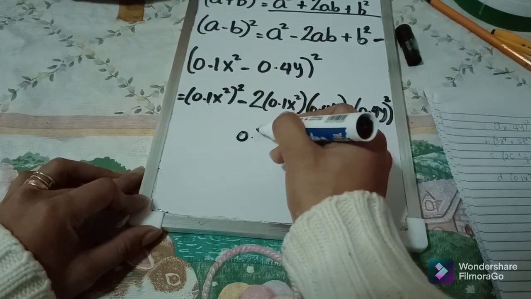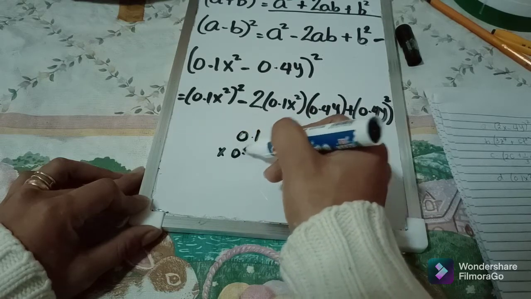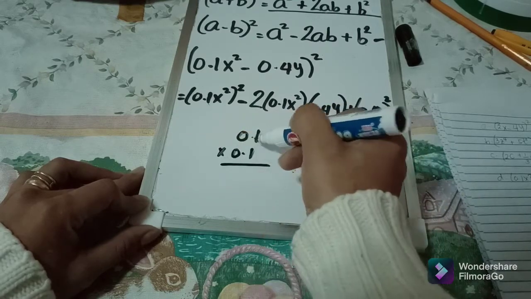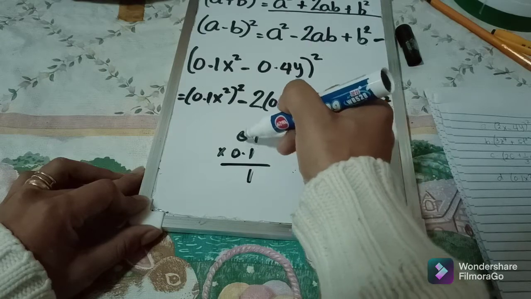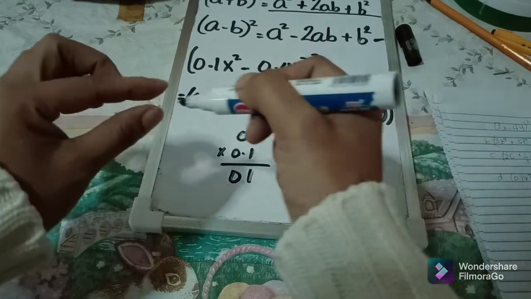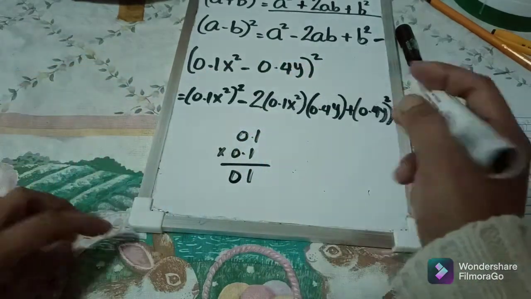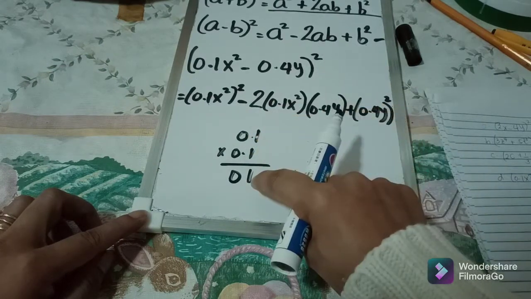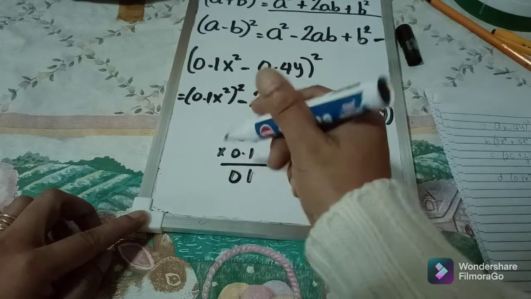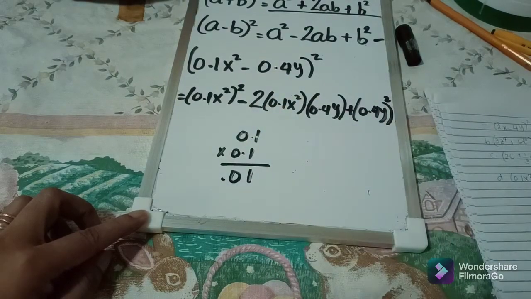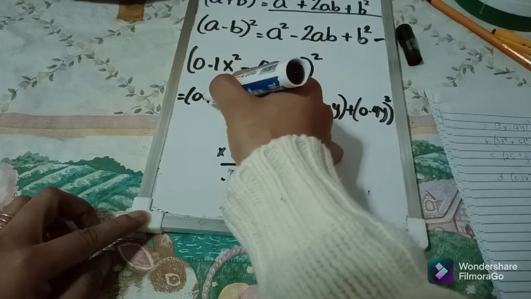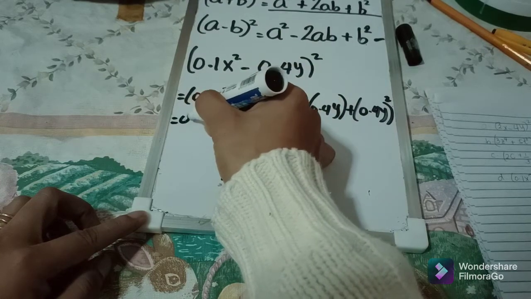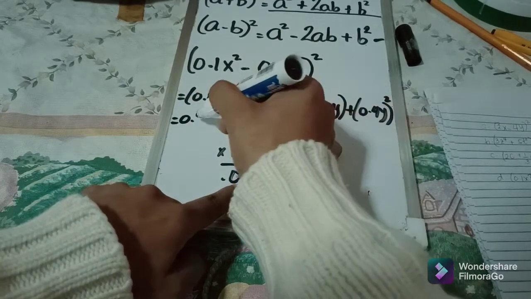Ang ibig sabihin niyan, 0.1 times 0.1. Okay? So, 1 times 1, 1. 1 times 0, 0. Saan natin ilalagay yung decimal? Bilangin kung ilan yung decimal kay 1, 2. So, mag-count from the right. 1, 2. Dito yung decimal natin. So, that means yung 0.1 square, that is 0.01.